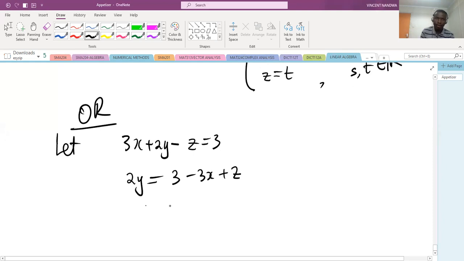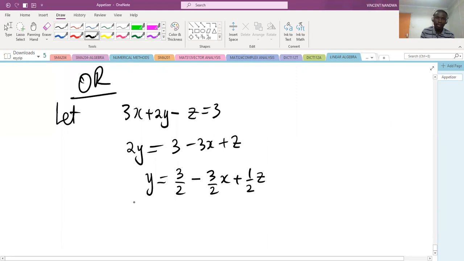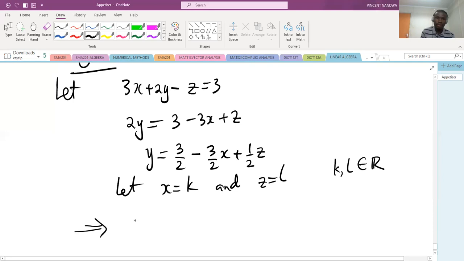So y equals to 3 over 2 minus 3 over 2x plus half z. And so if we let x be k and z be L, where k and L are real parameters or real numbers, then y equals to 3 over 2 minus 3 over 2k plus a half L.